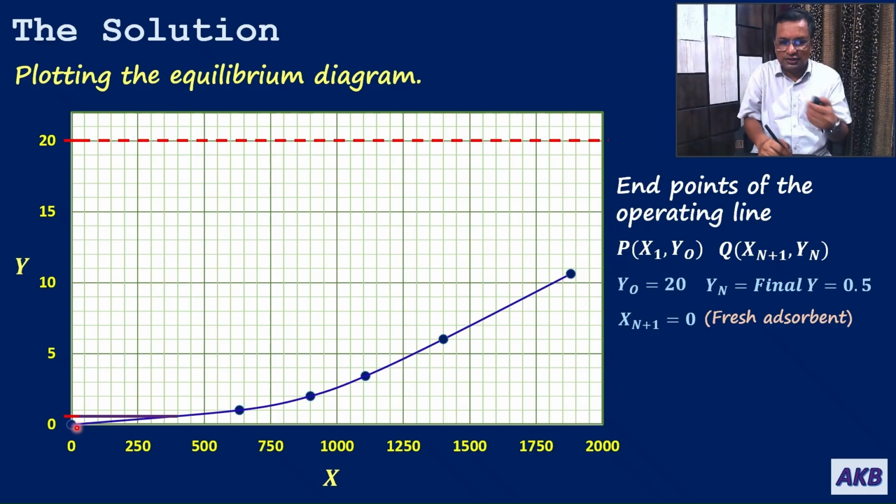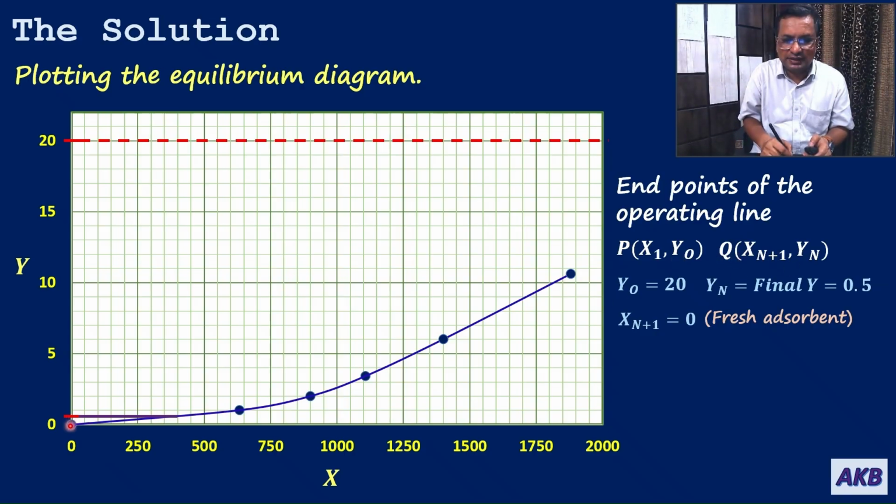So what would be the approach? I know that I have to use two stages. So the construction of the stages will start at this point, at xn plus 1, yn.